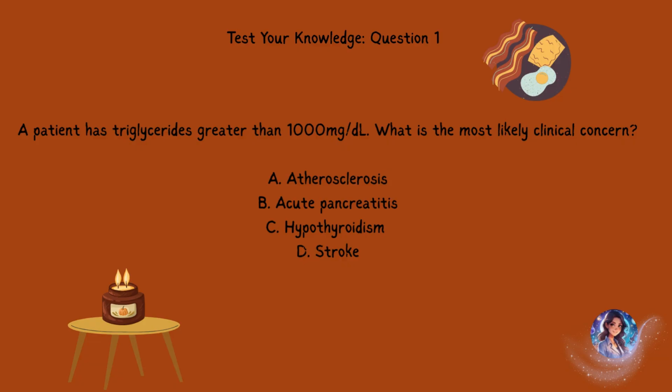An example question. A patient has triglycerides greater than 1,000 milligrams per deciliter. What is the most likely clinical concern? Going down the list before we answer the question. We're starting with A, atherosclerosis. Let's think about it. Can it be this? No, because atherosclerosis is from LDL and apolipoprotein B100.